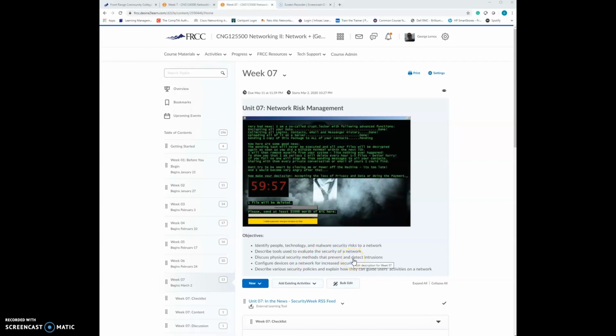We kind of go back to looking at IDS, NIDS, that's the intrusion detection systems. There are the intrusion prevention systems. Configure devices on a network for increased security.